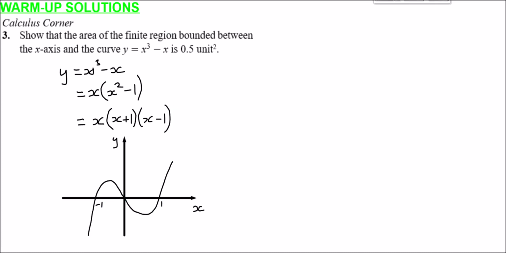And so the finite region bounded between the x-axis and the curve is going to be this section here, and as well as that, it is also going to be this section down here. Now, forgive my awful sketch, I can't sketch for toffee, you might hopefully consider that there will be some symmetry with this graph, and in fact maybe this area is the same as this area over here.